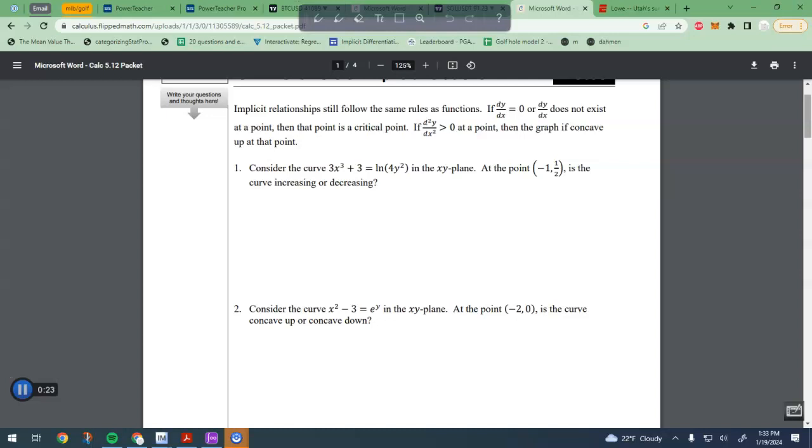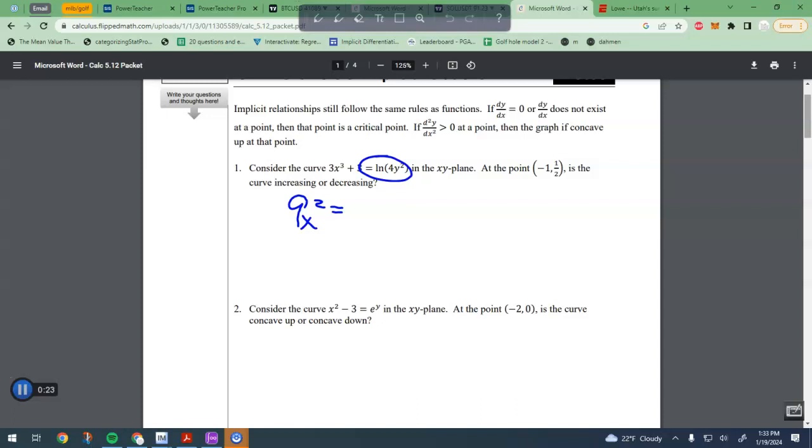Remember when I'm taking the derivative here, that's got x's and y's in it. So when I take the derivative of a y, I multiply by dy dx. The derivative of 3x to the third is just 9x squared. The derivative of 3 is nothing. And then I've got a chain rule piece here with a y in it. So your big guy's ln, your little guy's 4y squared.